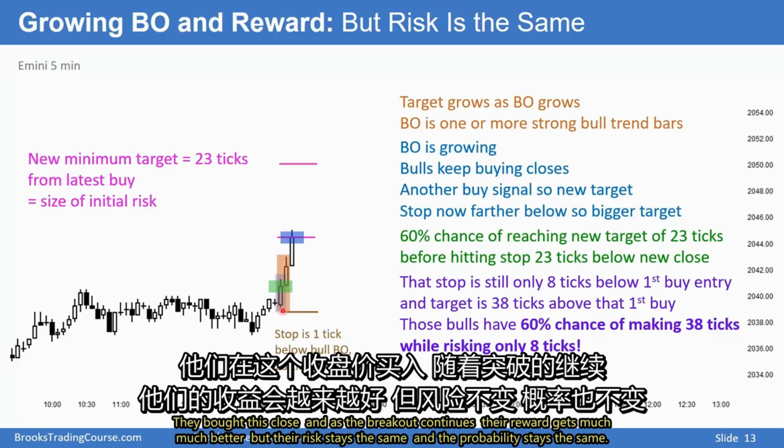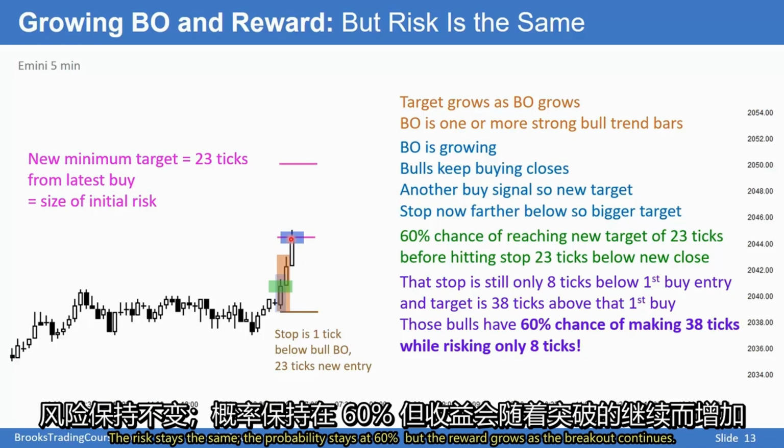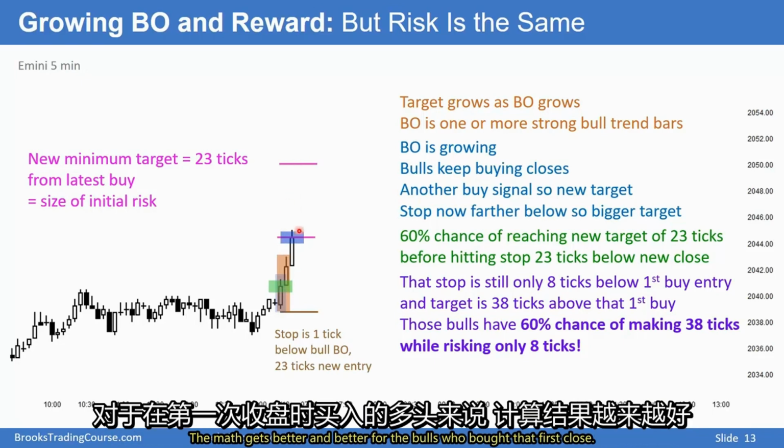And the probability stays the same. Once we're at this close, 60% chance measured move up. The risk stays the same. The probability stays at 60%, but the reward grows. As the breakout continues, the math gets better and better for the bulls who bought that first close.